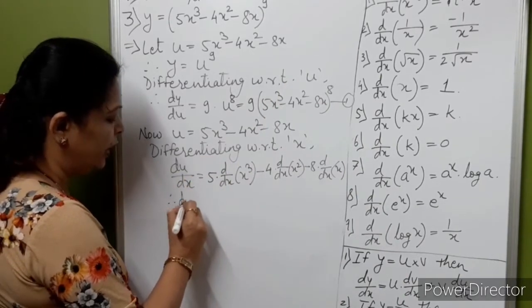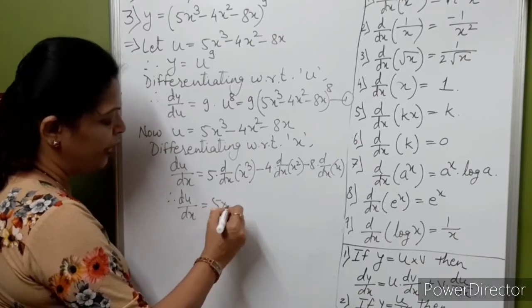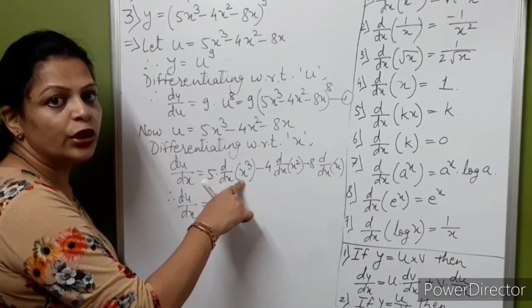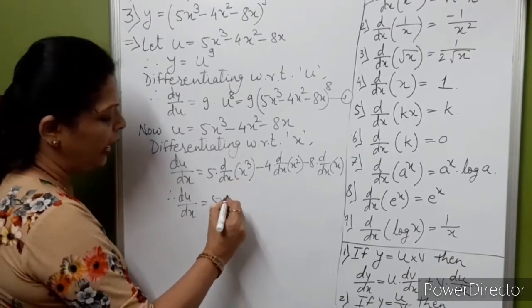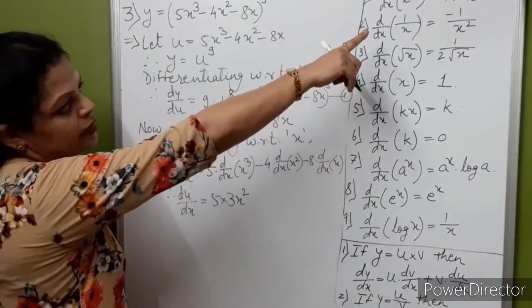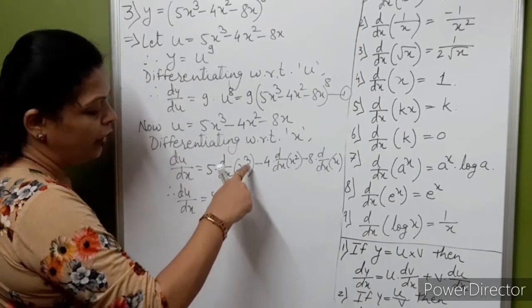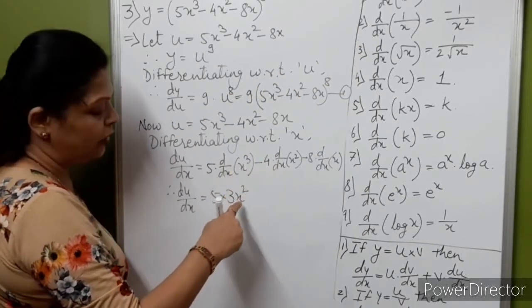So you will get du by dx is equal to 5 into, what will be the derivative of x cube? 3x square. Correct? n into x raised to n minus 1. Here n is 3. So 3 into x raised to 3 minus 1, that is 2.